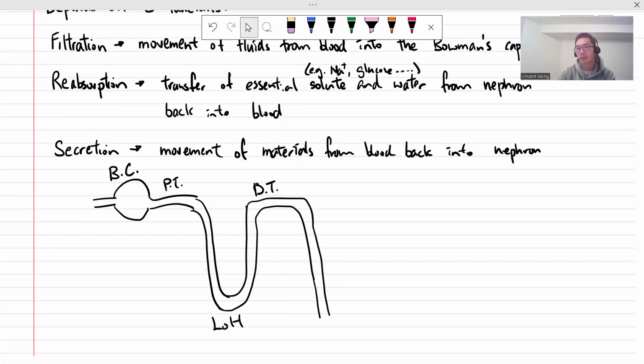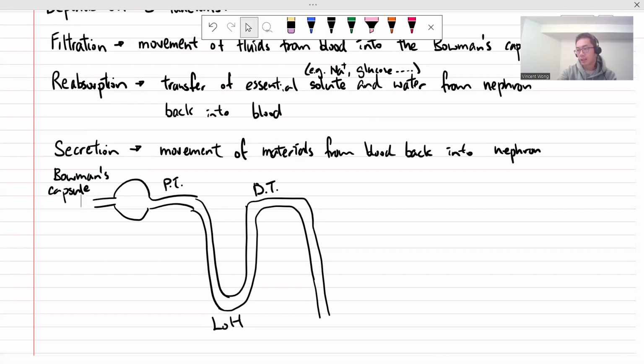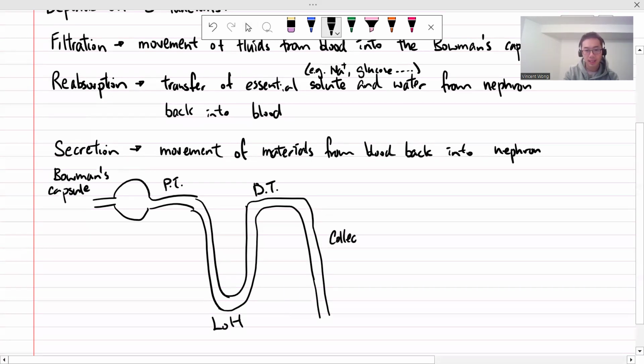Anybody remember? The canal, something like that. It starts with a C, yeah, but not the canal. Good try though. Can you take a look at what we wrote down last time? Maybe it's a good idea to spell them all out. Bowman's capsule. That's right, Sarah, the collecting duct, yes. Collecting duct.